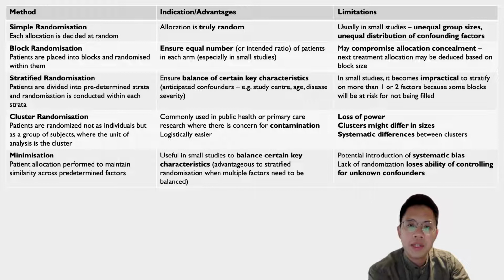Oftentimes in public health research, you may do certain interventions like using posters or educational videos that are aired in the clinic, and it is challenging to assess the effect on the individual patient because patients who come into the clinic will necessarily be exposed to the intervention. So patients are clustered into these different test centers and the analysis takes place at the cluster level. A problem, however, is loss of power because your unit now becomes the entire cluster instead of the individual.